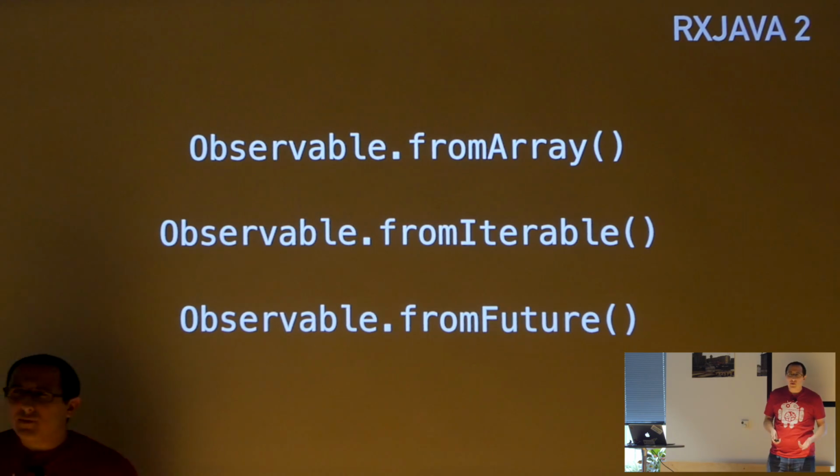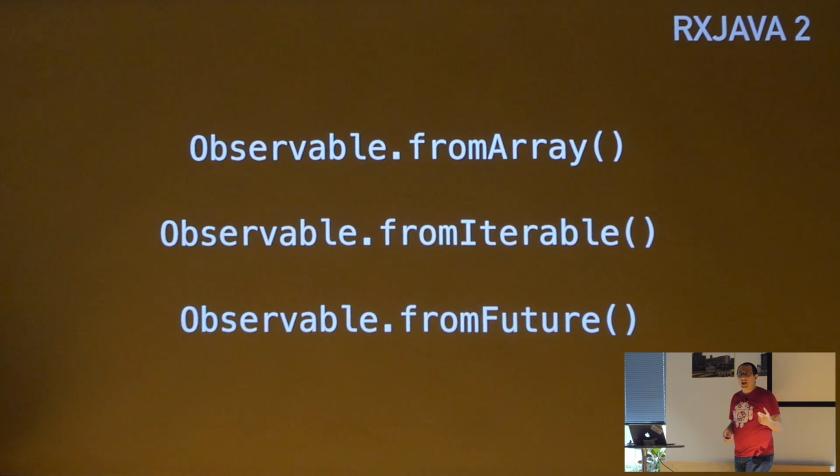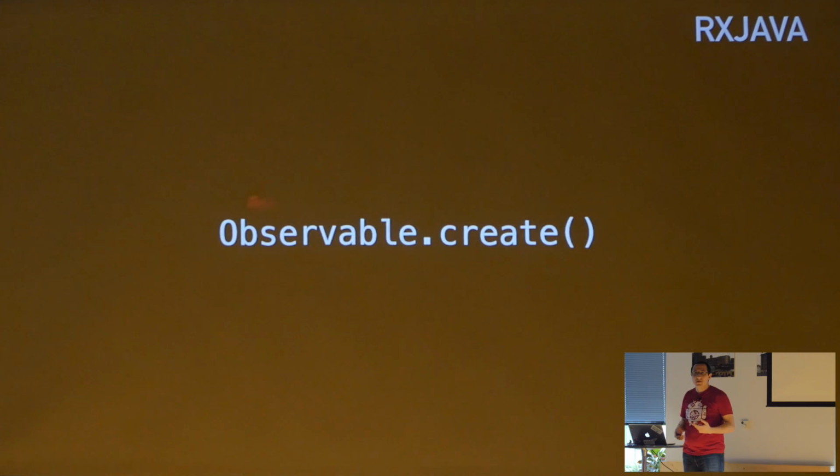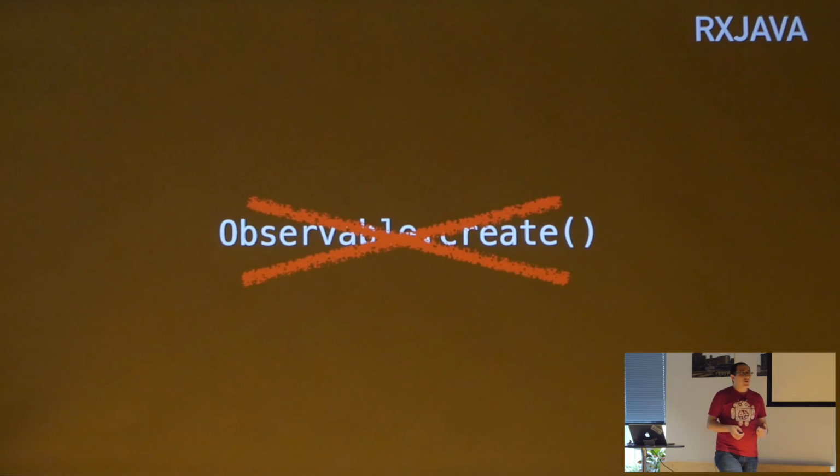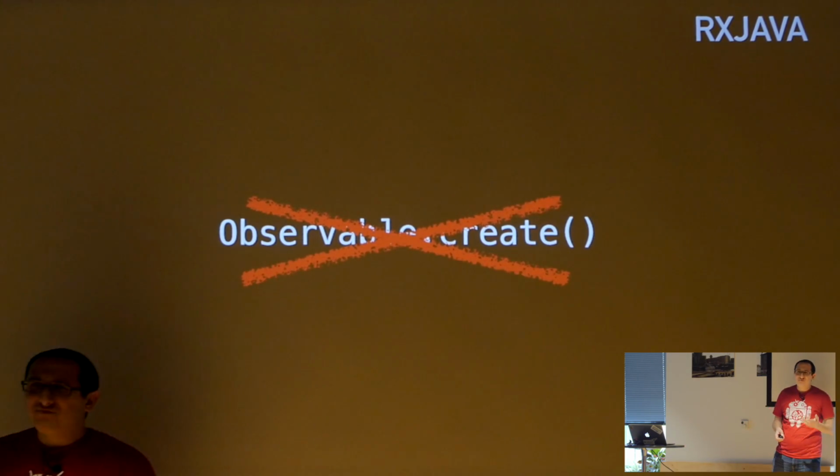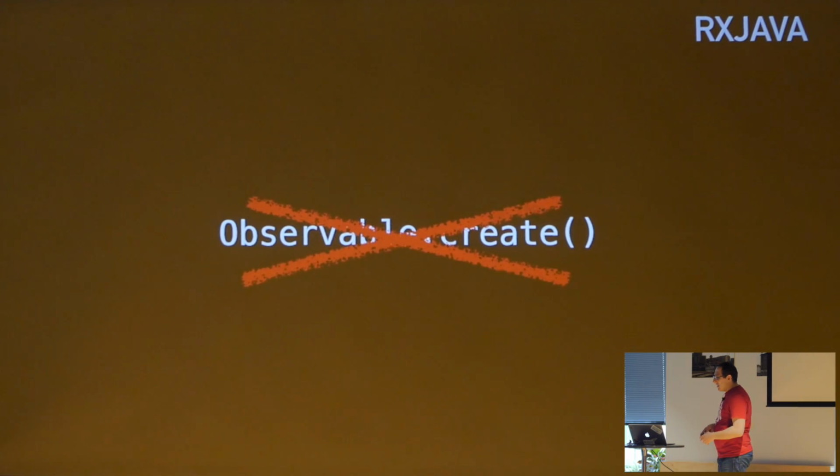But then, who remembers observable.create? We actually didn't really use it in RxJava 1, right?